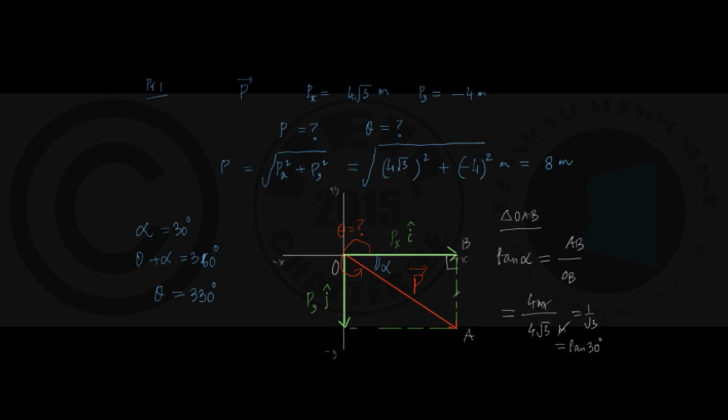So this is the final answer which we report. This is the angle made by the vector P with the plus x axis, while the angle has been measured anticlockwise by convention. Magnitude of P was 8 meters and is directed at an angle of 330 degree with the plus x direction. Now that was the problem given.